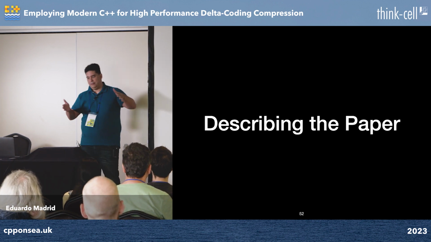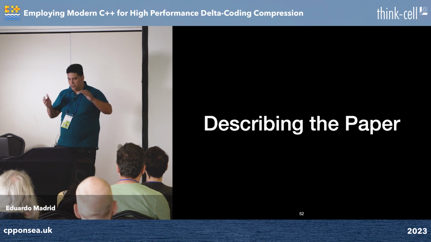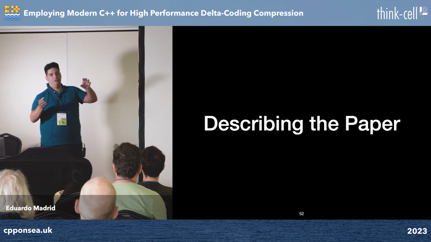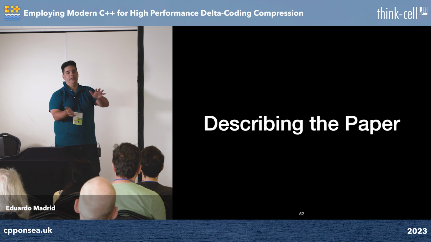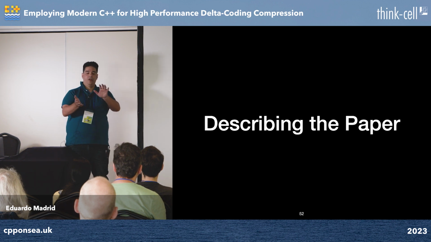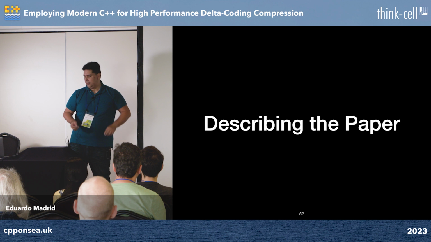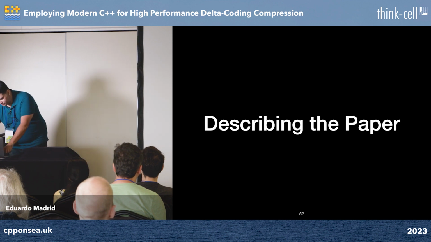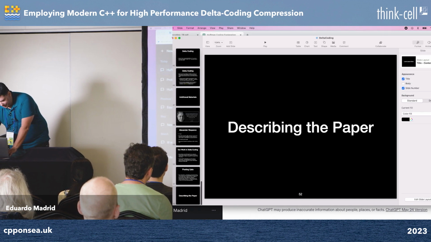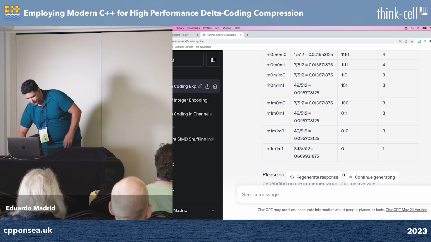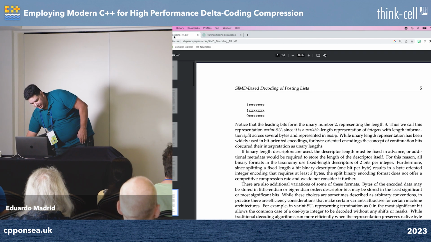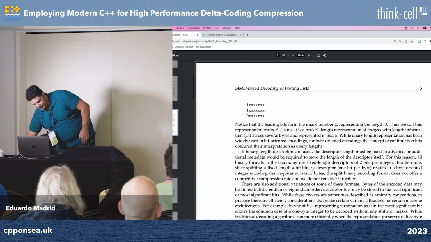And it goes over and gives you a great taxonomy of all of the mechanisms known to him and his collaborators of delta coding, and the different implications that they have for different reasons.